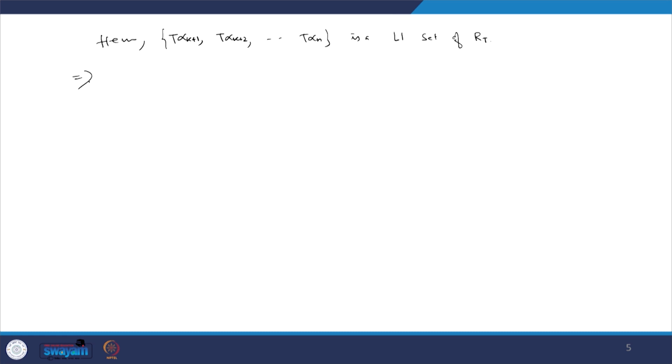This implies rank of T plus nullity of T equal to, rank of T is n minus k, plus nullity of T is k.